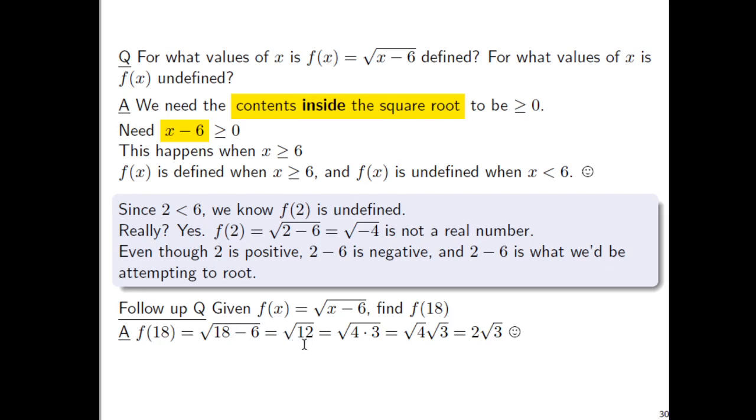Let's see, 12 is not a perfect square, but 12 can be written as 4 times 3, right? 4 is a perfect square, so that's the largest perfect square which goes evenly into 12. So root 12 becomes root 4 times 3, which becomes root 4 times root 3. And then the root 4 part will simplify to a plain old 2, which is no longer in a radical. But the root 3 can't simplify further, so we just copy down root 3.